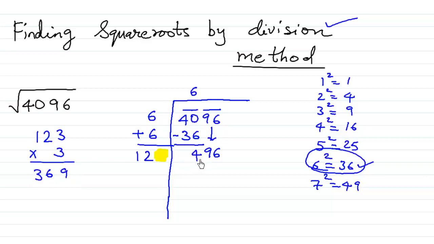But I want 496. So what should I be writing over here, such that the same number when multiplied gives that? Let's say 124. So 124 times 4 should give me 496. So we are interested in finding such a digit. So let us experiment more.